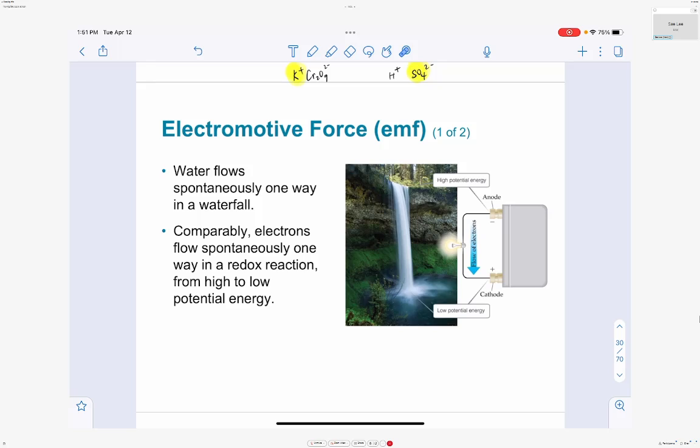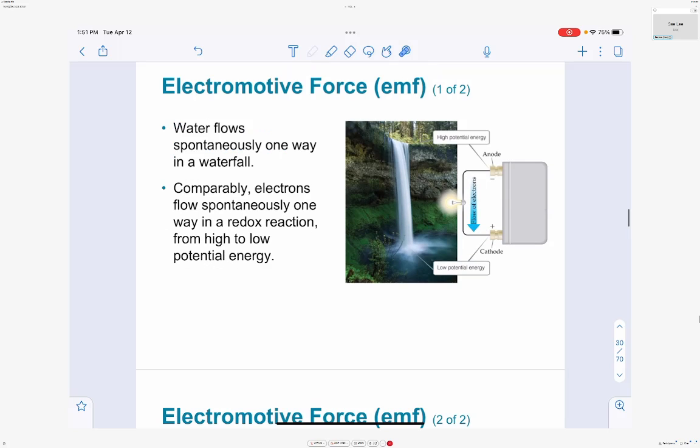Electrons spontaneously travel from anode to cathode due to the difference in potential energy. Electrons flow spontaneously towards the electrode with more positive electrical potential. And the potential difference between two electrodes of a voltaic cell is called cell potential.